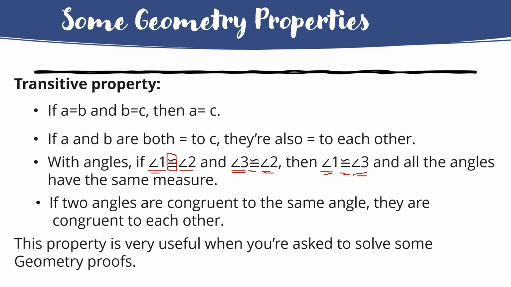And so you need to understand that if you're given angles and you're told that they have the same measure or they're congruent, and two different angles are congruent or equal to the same angle, in this case being angle 2, then that means that these two different angles are congruent to each other. And if they're congruent to the same angle, they're congruent to each other.